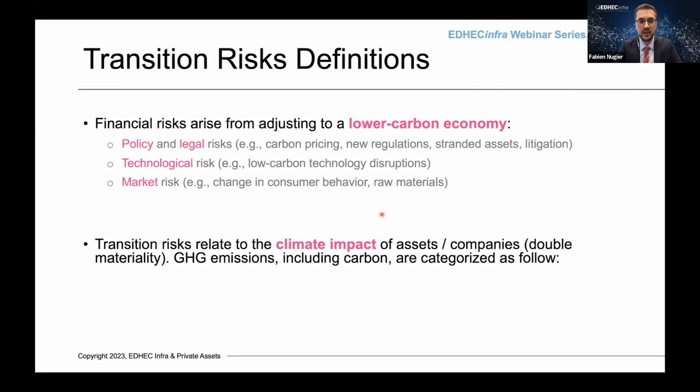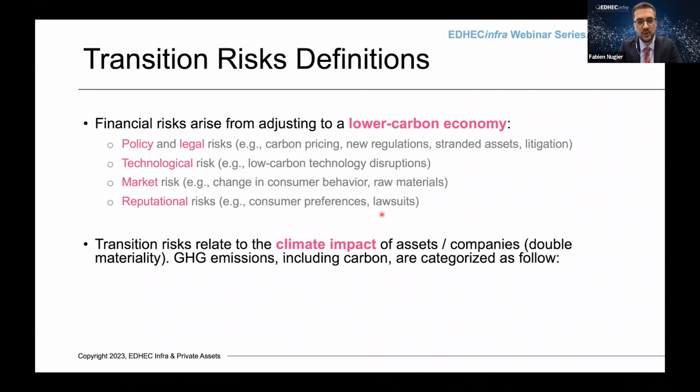It contains market risk, which is also directly relating to changing behaviors of consumers and also the availability of raw materials. Some of the infrastructure we are looking at depend on raw materials, so they may be impacted as well. And there's also reputational risk in the financial risk of transition risk, which relates to consumer preferences.